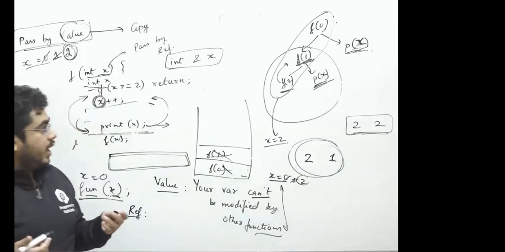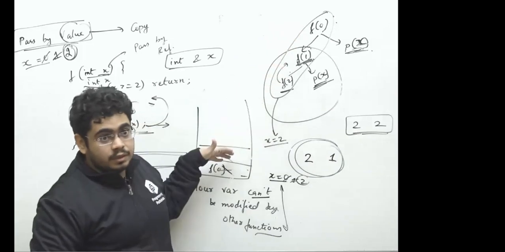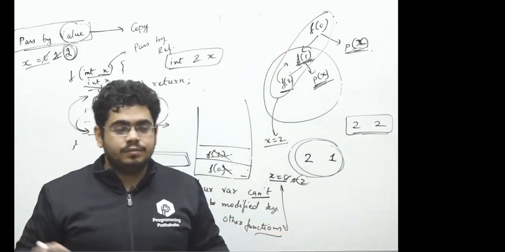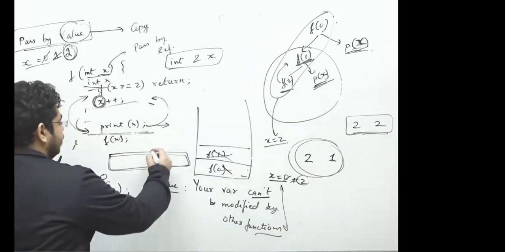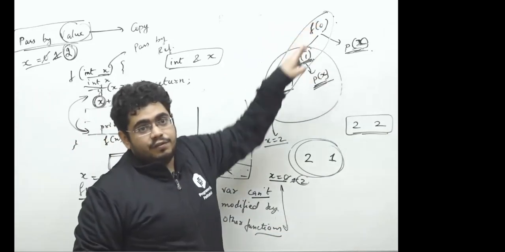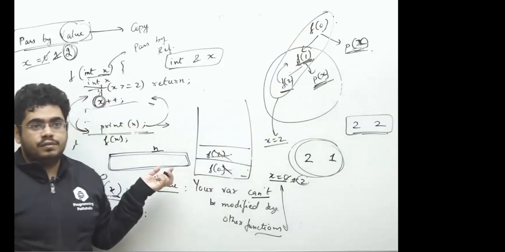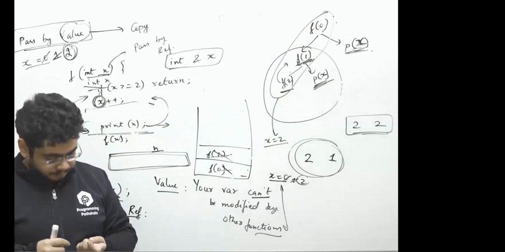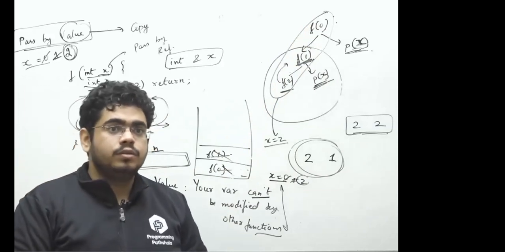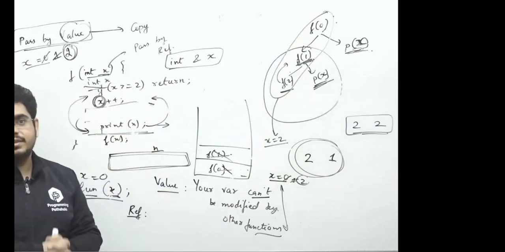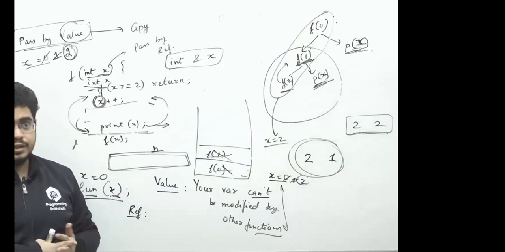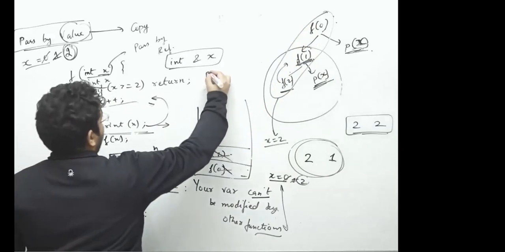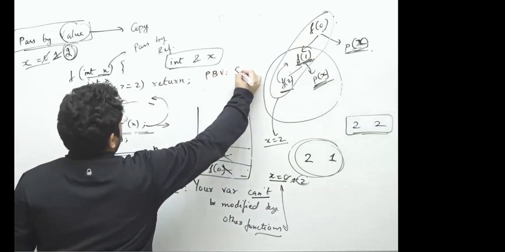So if there are n functions that are called one by one, all of them will have a list and it will be n square. Yes or no? If the size of the list is n and there are n functions being called, all of them will have size n, so total will be n square, right? So space is adversely affected in case of pass by value. So the problem with pass by value is that space is more.